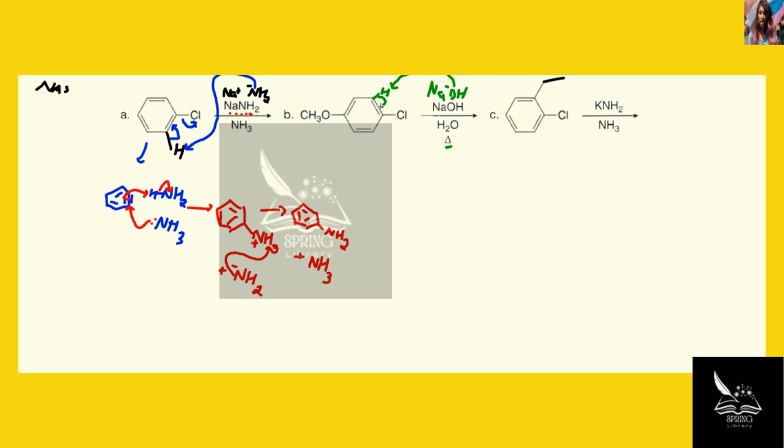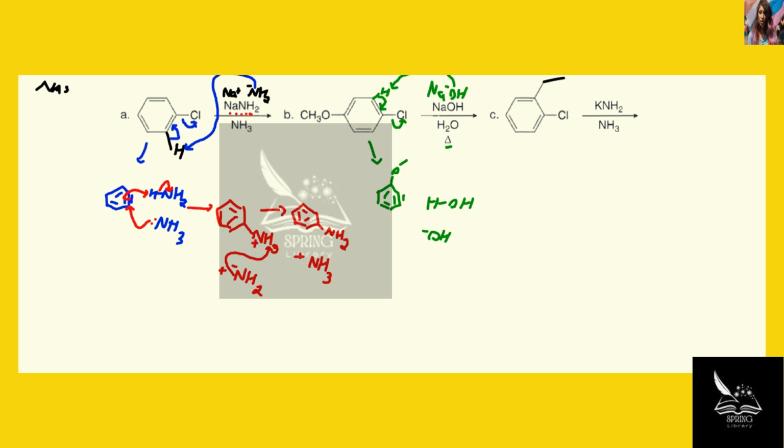You make a bond, you break a bond, so you form this triple bond, and your chlorine will fall off. What we're left with is this triple bond, the methoxy substituent, and we form water. And now we have more molecules of OH minus in solution.